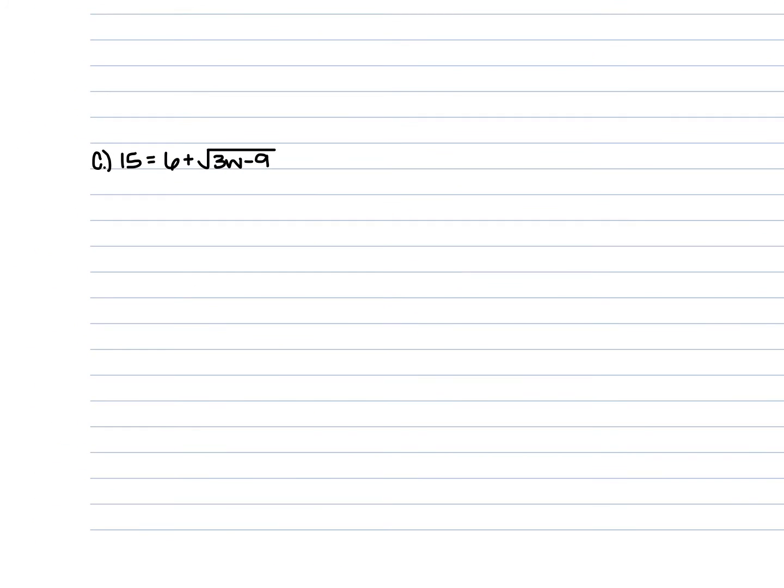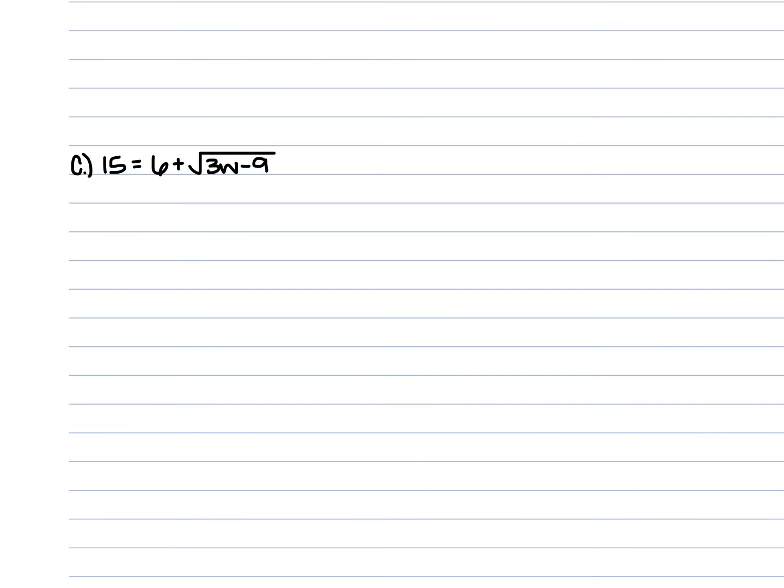For example C, we have 15 is equal to 6 plus the square root of 3w minus 9. For this one, we're going to subtract the 6 from each side to start with. So 15 minus 6 gives us 9 is equal to the square root of 3w minus 9. From here, we're going to square both sides to get rid of that radical.